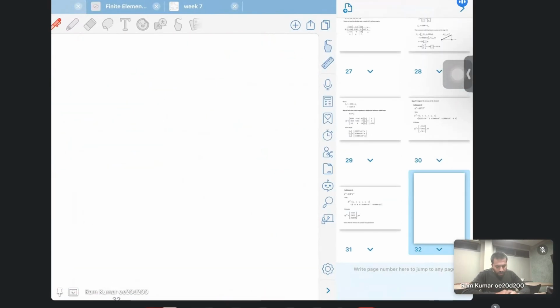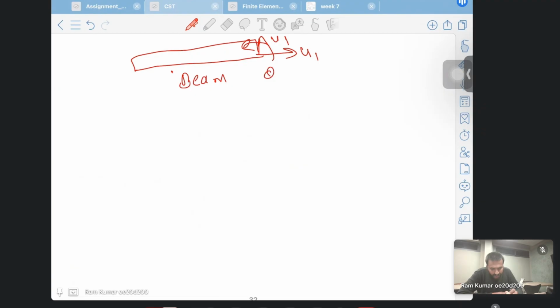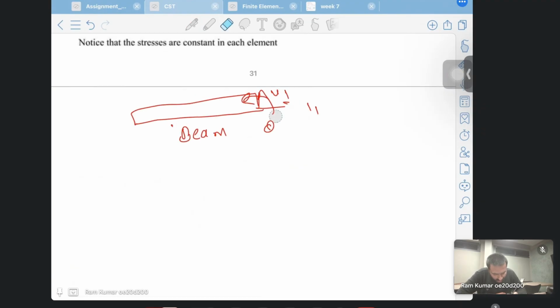Okay, here. For example, we have one element. This is our bar element, or I will say this is our beam element. We are saying it has displacement V1 and theta1, or I will say it has only 2 displacements, this is not plane.